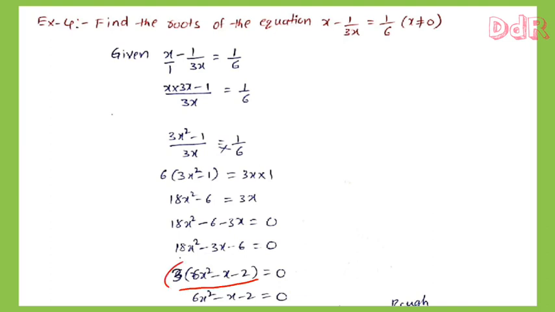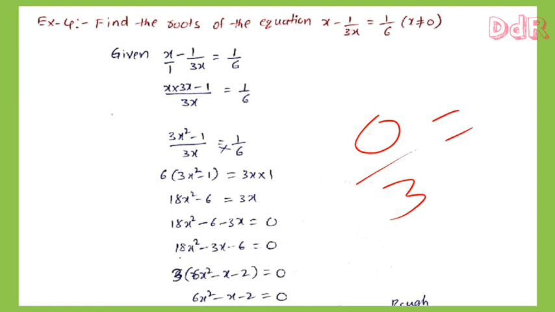See here, you can verify this answer. 3 into 6 is 18x square, 3 into x is 3x, 3 into minus 2 is minus 6. So 3 is common from the 3 terms. Now 3 transposes to the RHS, then it will go to the denominator place, 0 by 3.